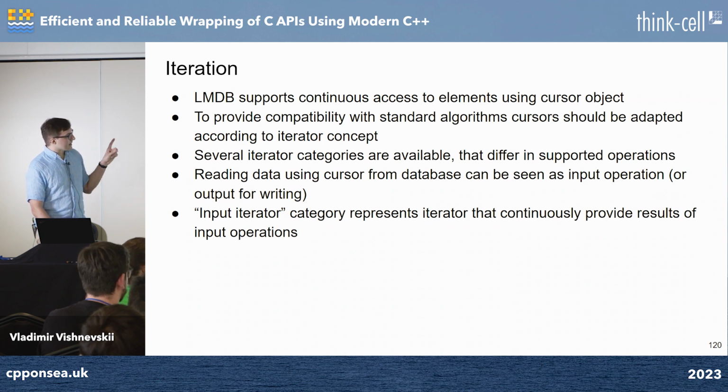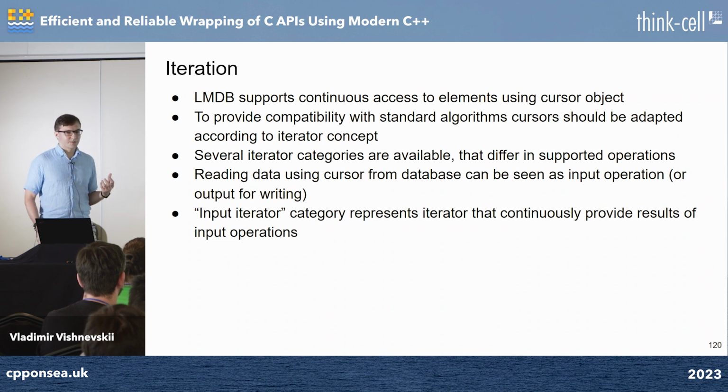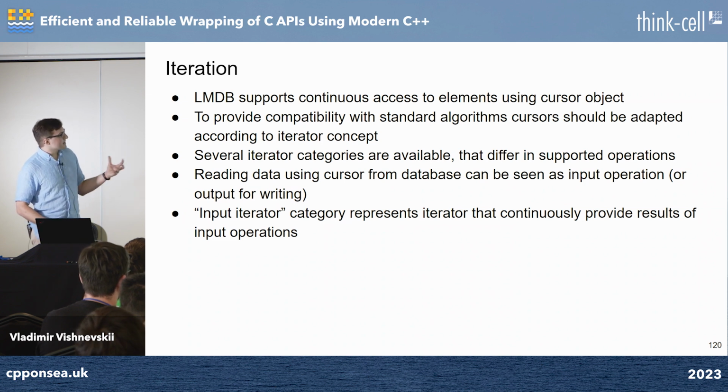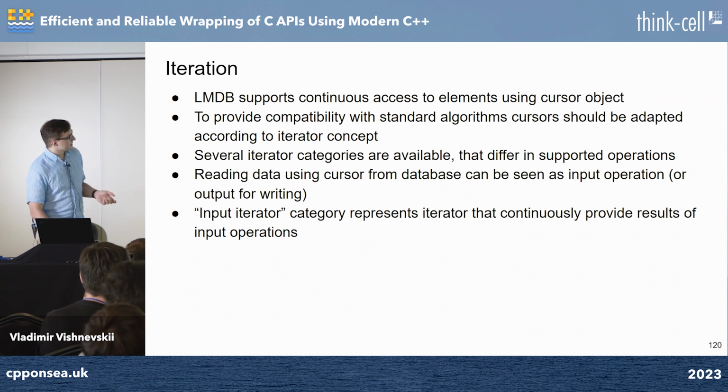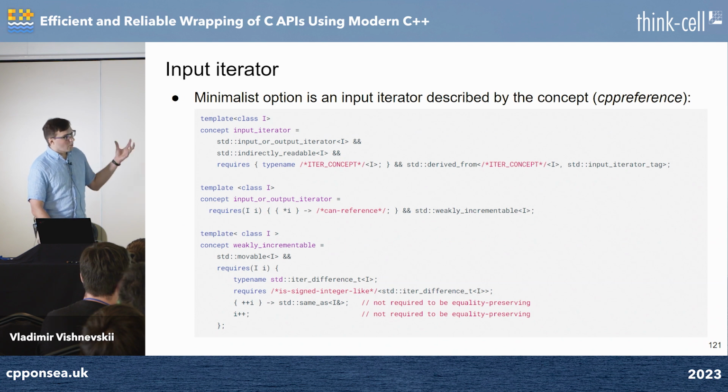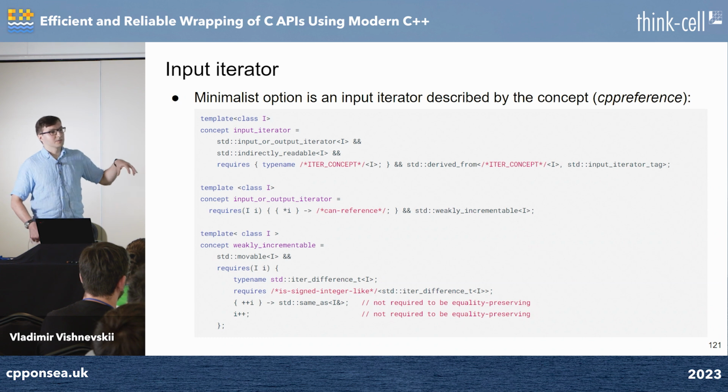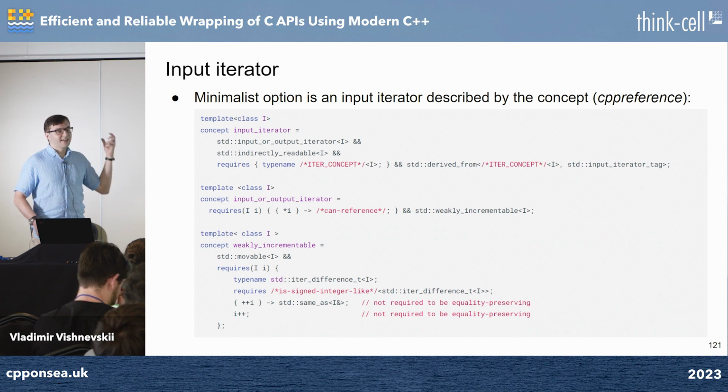So generally speaking, this acquisition of the data from the database looks like an input operation. We are doing this continuously unless we reach some condition where we cannot do this anymore, so some kind of error happens or something like this. And this corresponds to the input iterator category. Now what is good, starting from C++20, those specifics of the different iterators are not only just the named requirements, but also documented in the form of concepts.